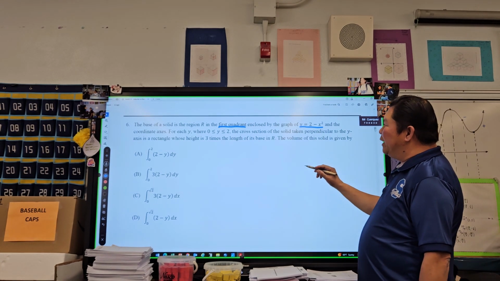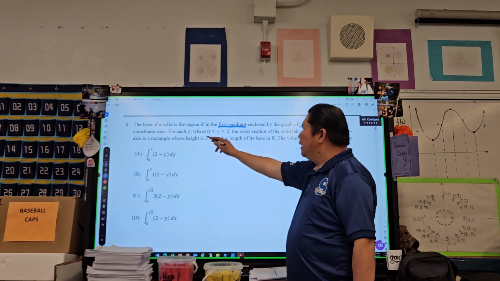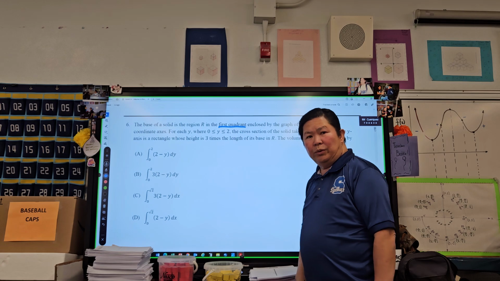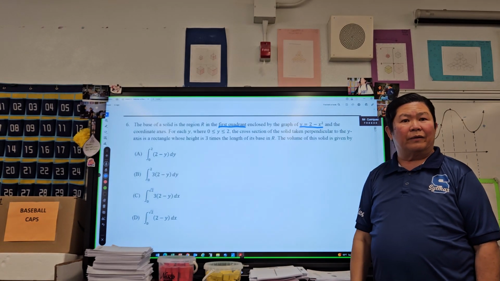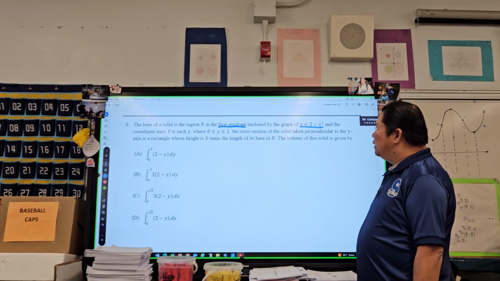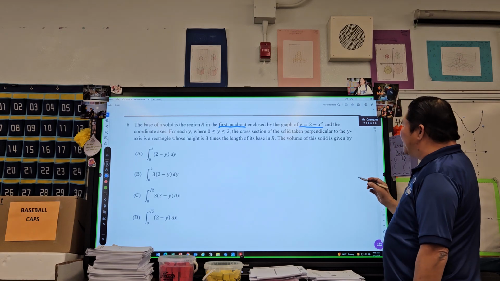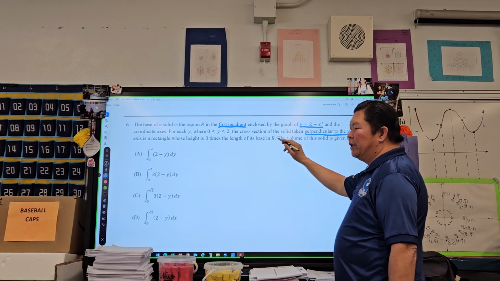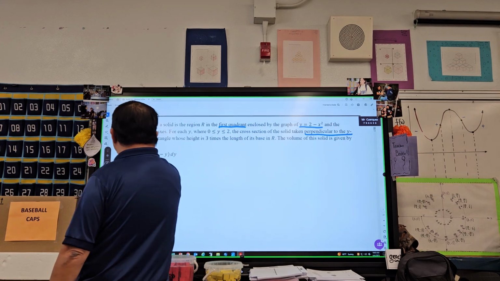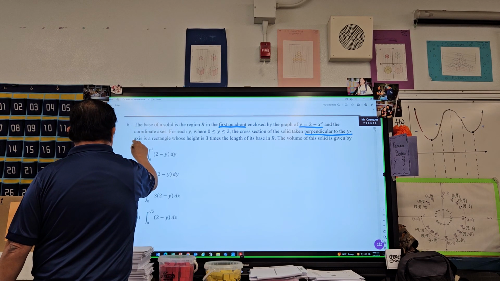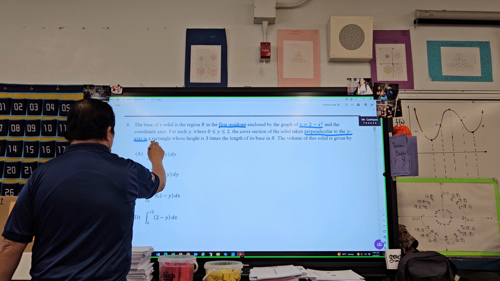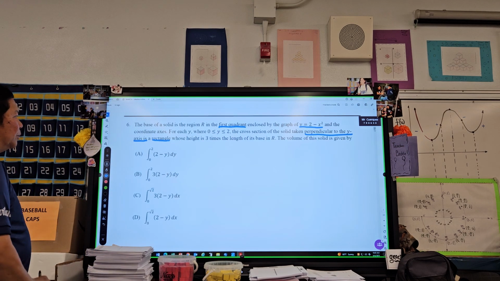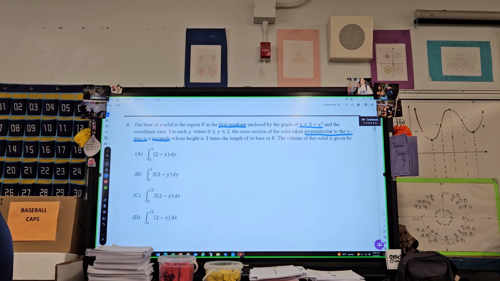And the coordinate axis for each y, where y is between 0 and 2. Okay, that means that is the interval, 0 to 2. The cross section of the solid taken perpendicular to, careful on this. Where is the perpendicularity? Perpendicular to the y-axis.